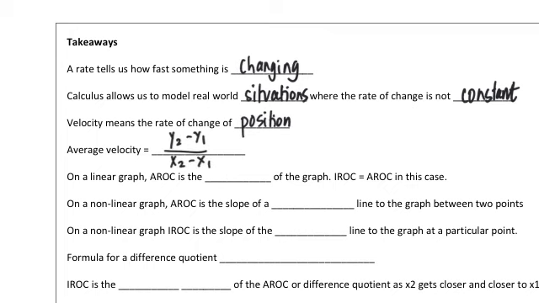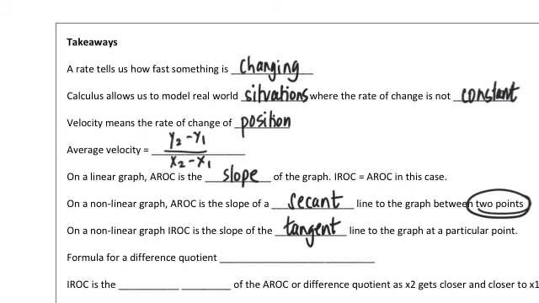On a linear graph, AROC is the slope of the graph. AROC is equal to the IROC for a linear graph. On a nonlinear graph, AROC is the slope of a secant line to the graph between 2 points. There are 2 points involved in an AROC. On a nonlinear graph, IROC is the slope of a tangent line.